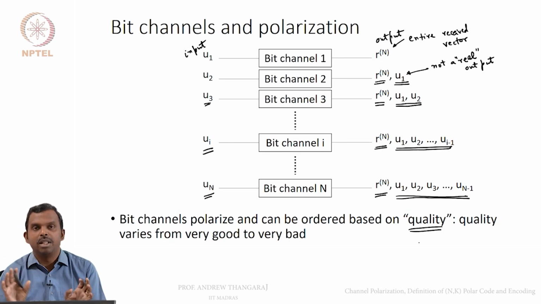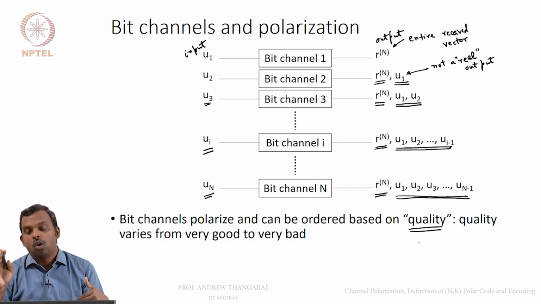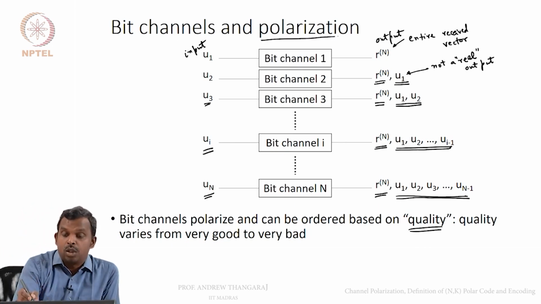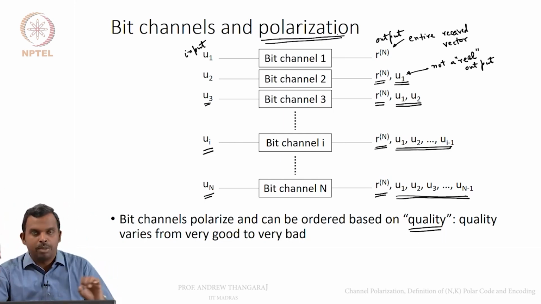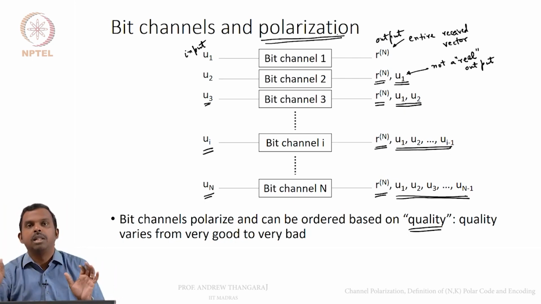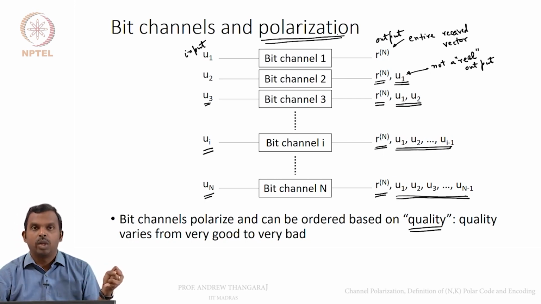Nothing in the middle, no middle path. All the bit channels either become very good or very bad. So, this is the essence of polarization. What does polarization mean? You either go to the north pole or the south pole, right? Polarization, one of two things, nothing in the middle. So, that way these bit channels get polarized. They either become very good or very bad. This is called polarization.